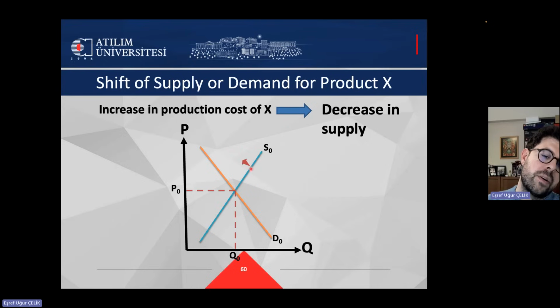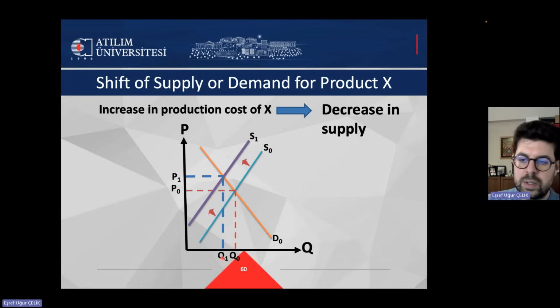When the supply curve decreases, or shifts to the left, the new equilibrium comes at the new intersection point of S1 and D0. So when the supply curve is shifting to the left, price becomes higher, P0 to P1, and quantity becomes lower. So a decrease in supply means a decrease in production.